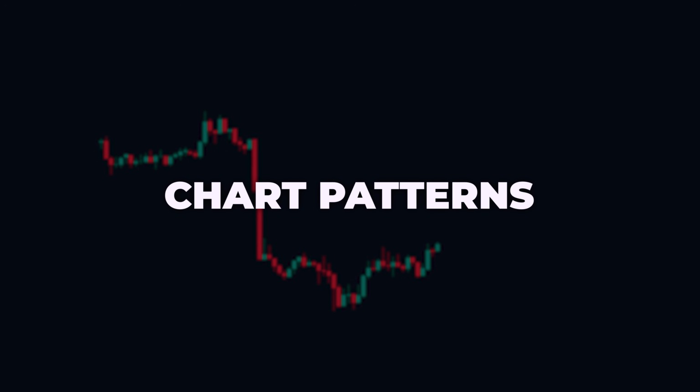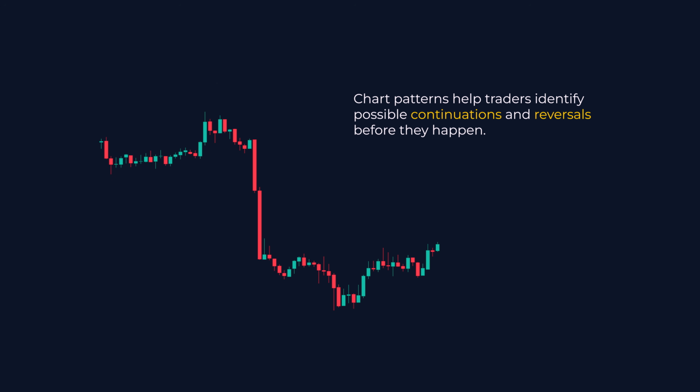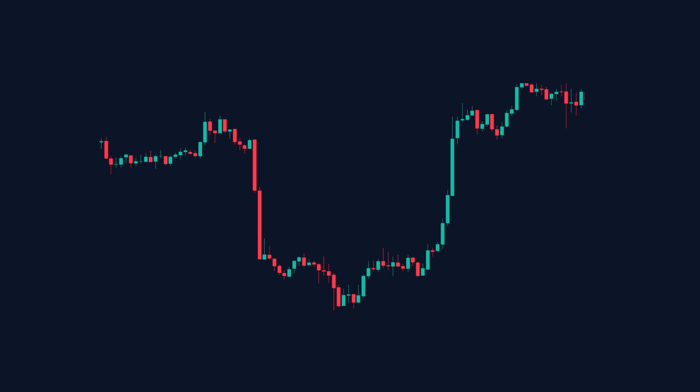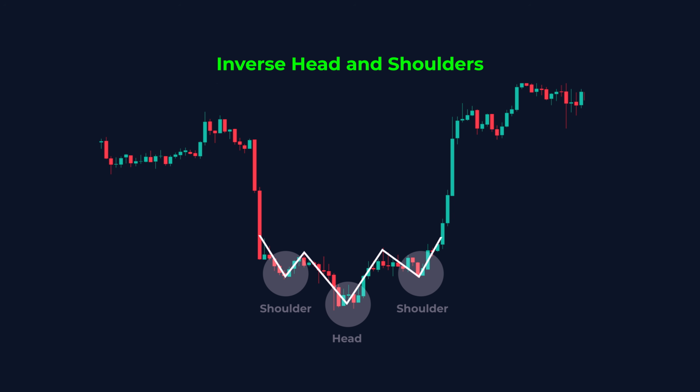Finally, let's talk about chart patterns. Chart patterns help traders identify possible continuations and reversals before they happen. Reversal patterns show when the price is likely to change direction and move against the current trend. Traders look for specific shapes on the chart to spot these turning points early.